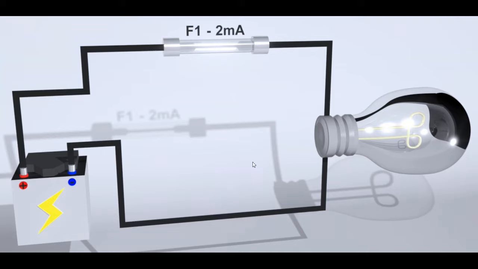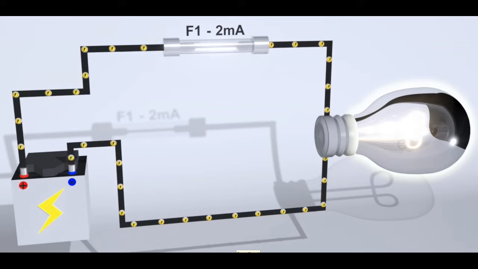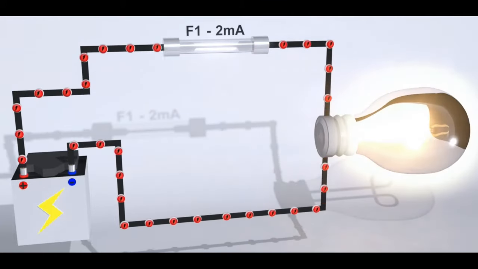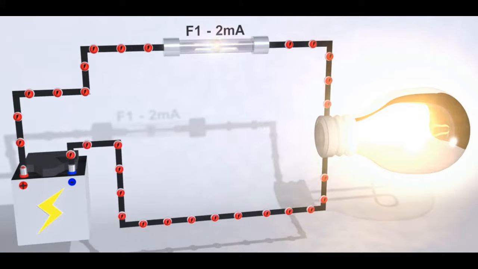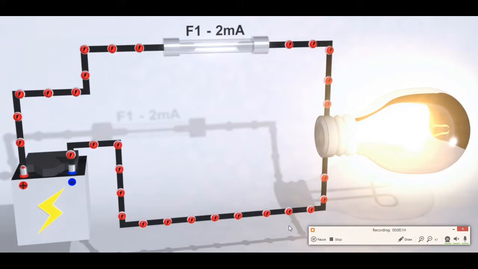You can see here, current is going through the load. Once the load draws more current, the fuse will get damaged. So how does the fuse go bad? Because of overload. As per the load calculation, we have to choose the fuse rating.